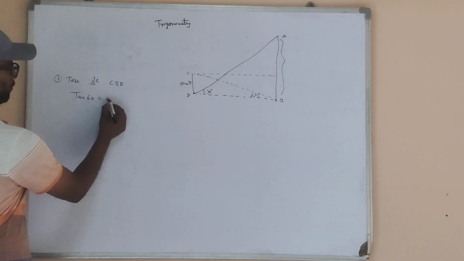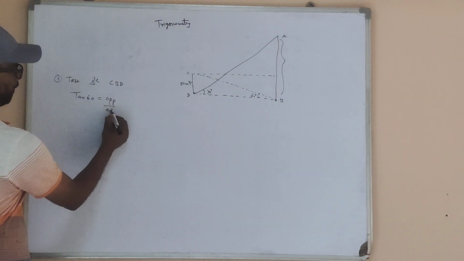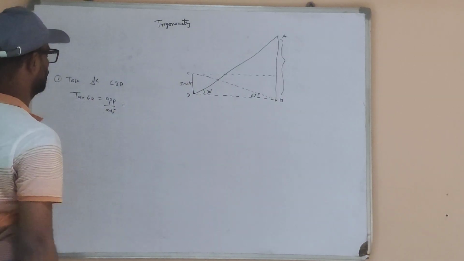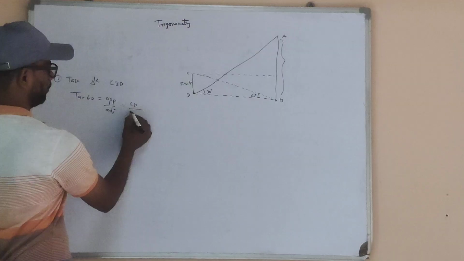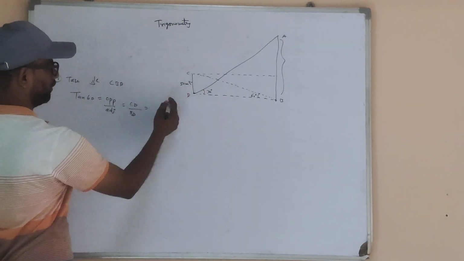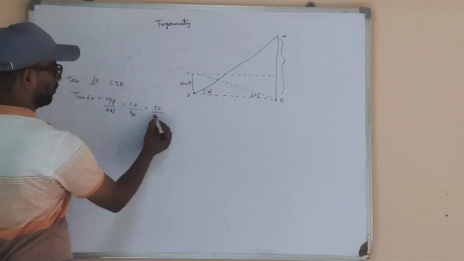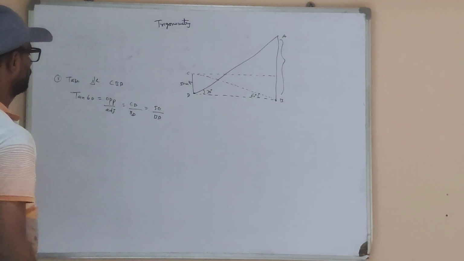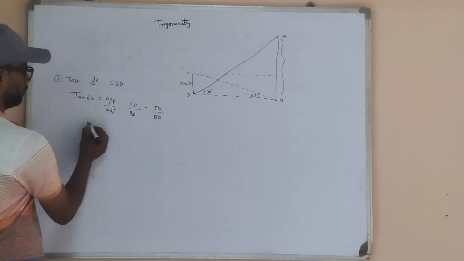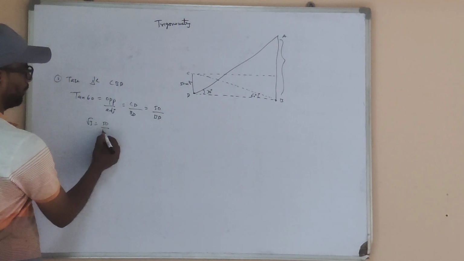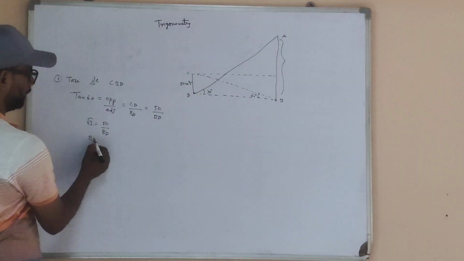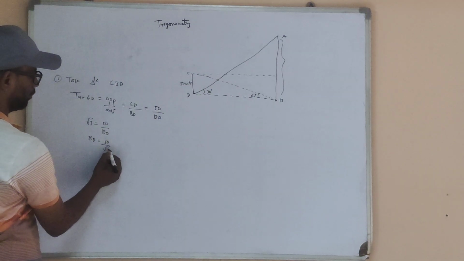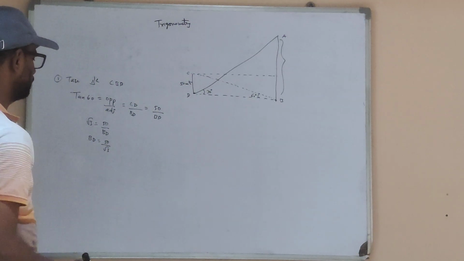Tan 60 degrees is equal to opposite by adjacent. So what is the opposite side? CD. Adjacent is BD. What is the value of CD? 50. Adjacent we don't know, keep it as BD. So tan 60 means how much? Tan 60 means root 3 is equal to 50 by BD. Then on cross multiplication we get BD is equal to 50 by root 3. Okay.